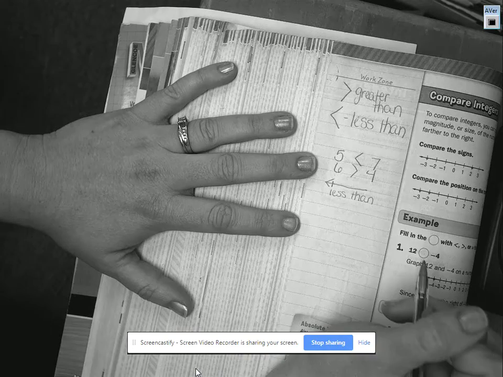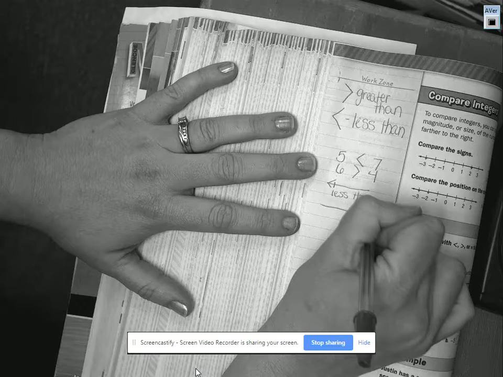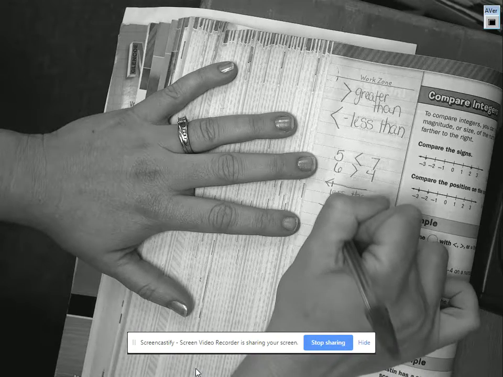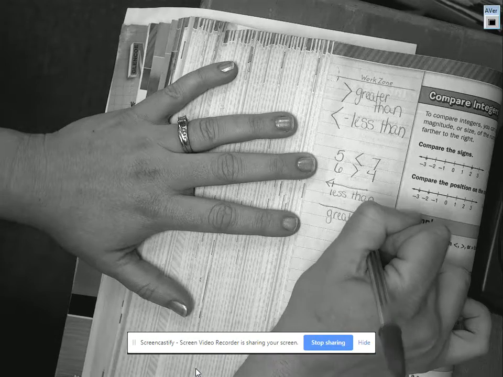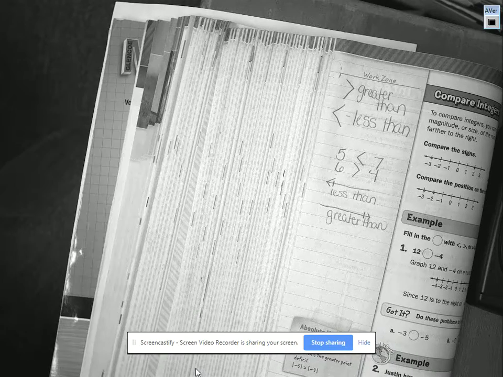If I'm moving this way, this number would be greater than. So if ever you're not sure whether something's less than or greater than, I want you to think about the number line.